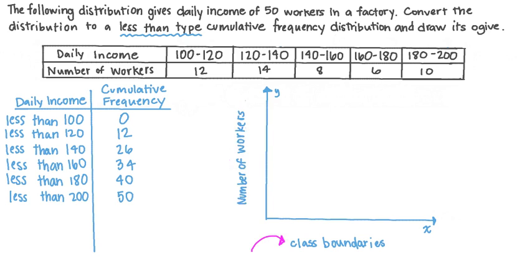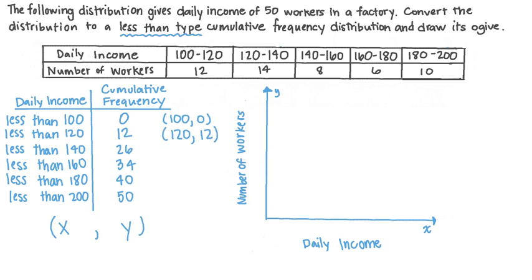And our class boundaries are measures of daily income. And we can turn our table into coordinates. Our first point is at 100, 0, then 120, 12, 140, 26, 160, 34, 180, 40, and 200, 50.